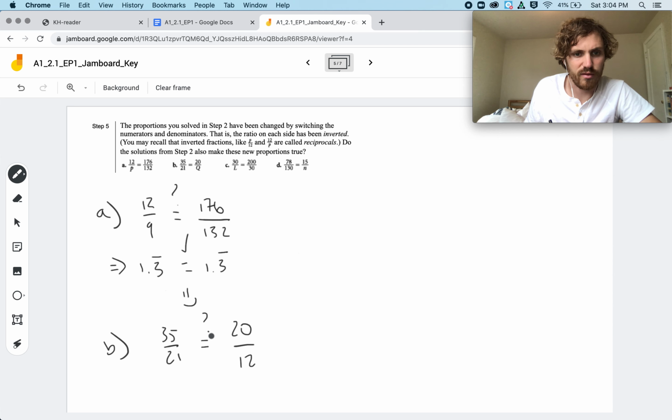So let's see if these are equal ratios. 35 divided by 21 is 1.6 repeating. Is it equal to 20 divided by 12, which is also 1.6 repeating? And the answer is yes. So it appears that this works. And of course, I would like you to follow a similar process for C and D.